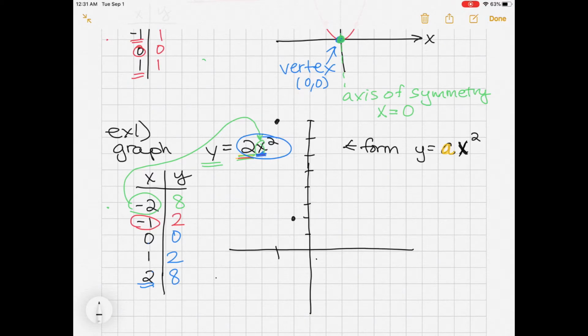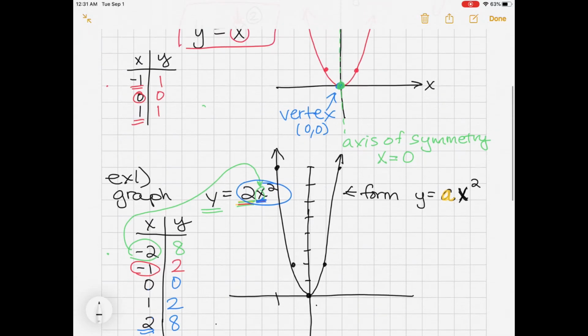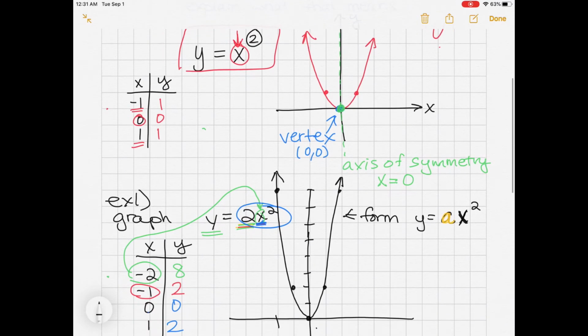Then (-1, 2), (0, 0), (1, 2), and (2, 8). And this is the shape of our parabola. It looks a little different. It still has the U shape, but do you see how it's a little bit skinnier than the parent function of y equals x squared? We call this our parent function.